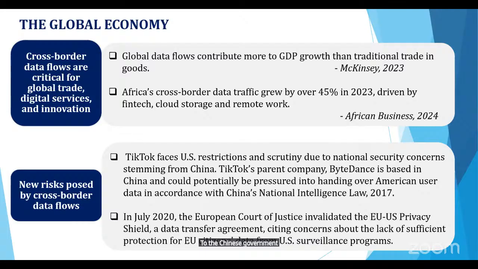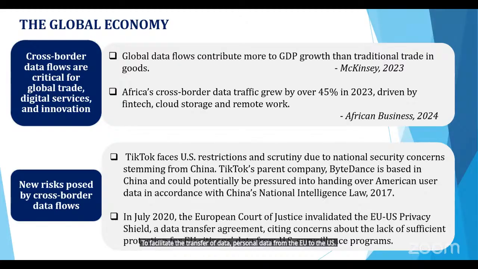The other key example on the global landscape is that in July 2020, the European Court of Justice invalidated the EU-US Privacy Shield. This was a data transfer agreement signed between the US and the EU to facilitate the transfer of personal data from the EU to the US.